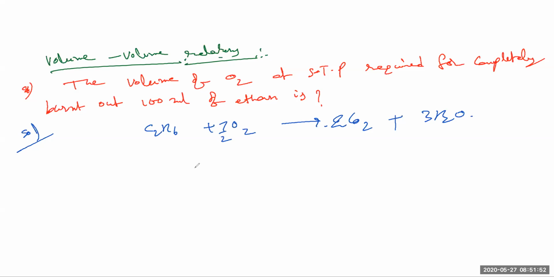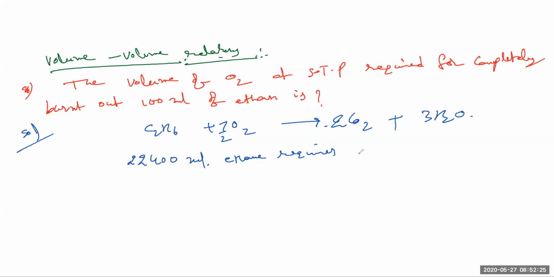The volume of O2 at STP required for complete combustion of 100 ml. You know this is a gas only. Try to understand now. 1 mole in terms of ml is 22,400 ml of ethane, which requires 7.5 moles of oxygen at STP.